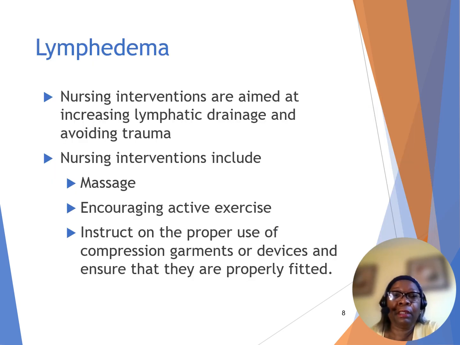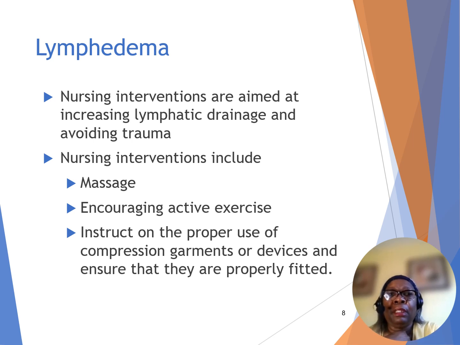So lymphedema, what are the ways that the patient can avoid trauma, right? Because our interventions include increasing the lymphatic drainage. We want to get that lymph fluid in the circulatory system, and we want to avoid trauma. So when you see that, you have to think, well, what are they talking about?